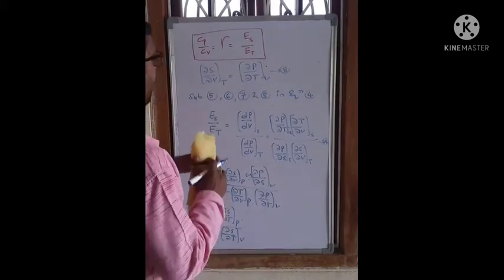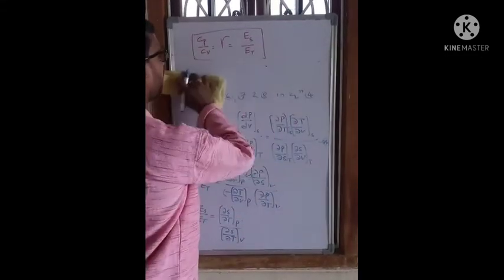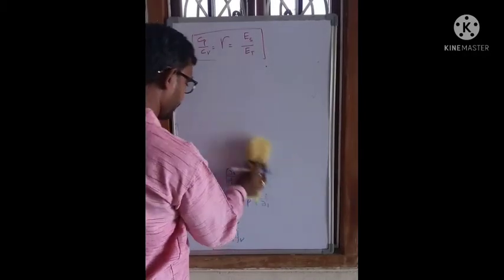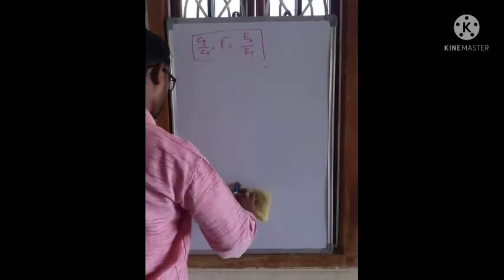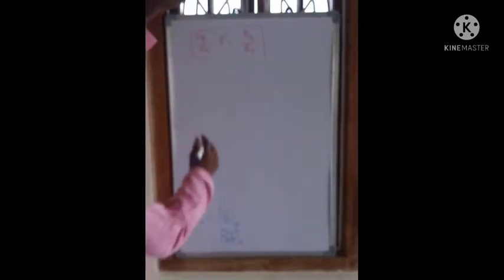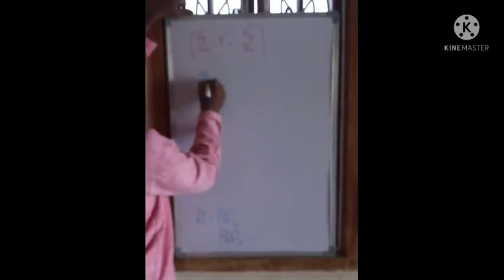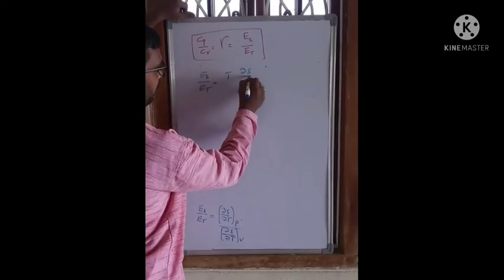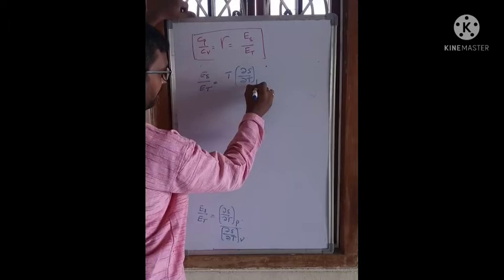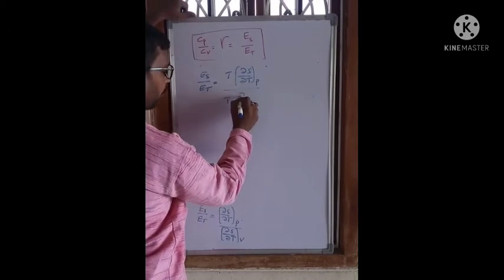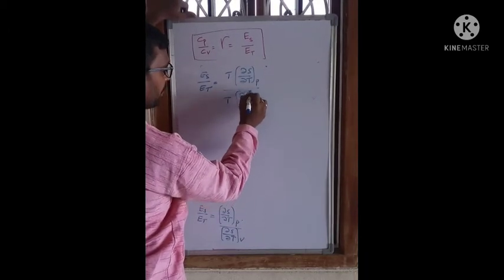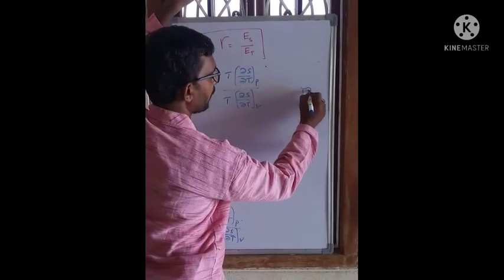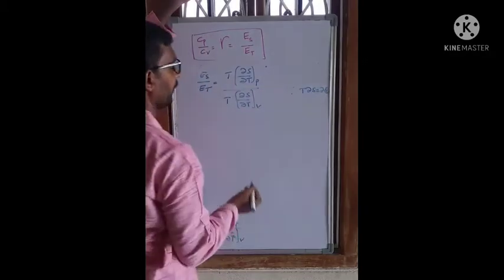So we got this, and now we have to multiply and divide with T. So we get ES by ET equal to T ∂S/∂T at constant pressure by T ∂S/∂T at constant volume. Now T∂S can be written as ∂Q.